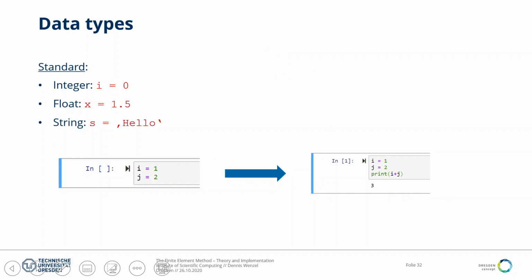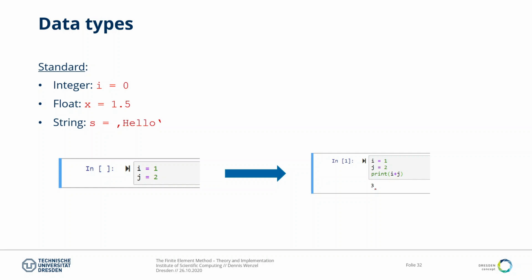So you see an example here. I assign two variables, i equal 1, j equal 2, and then I give a print statement of i plus j, and then automatically, because I'm adding one integer and another integer, the type of the result is also an integer.